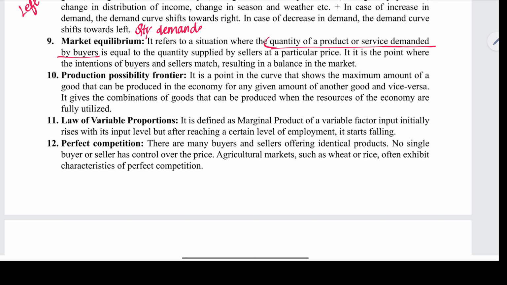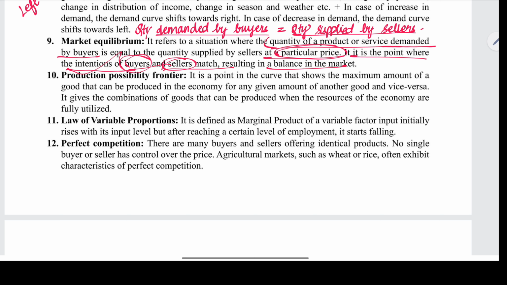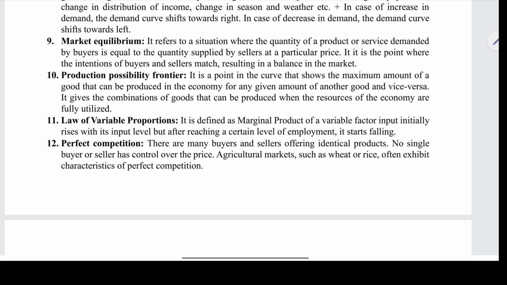The quantity demanded by the buyers is equal to the quantity which is supplied by the sellers at a particular price. It is a point where the intentions of the buyers and the sellers are matching, and it results in the market balance, when both persons' intentions are matched.